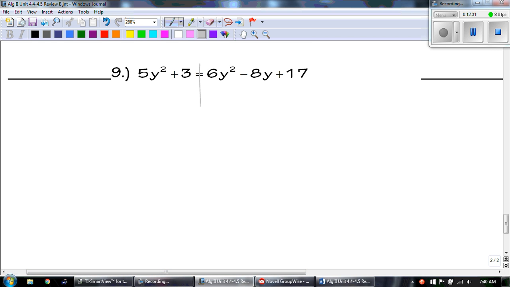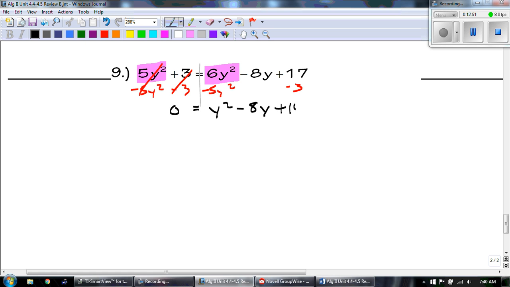All right, number 9, we're looking at our leading coefficients. I'm going to subtract the 5y squared, subtract the 3, so we get 0 equals y squared minus 8y plus 14. Okay? Always check, are there numbers that multiply to get to 14 and add to get to -8?